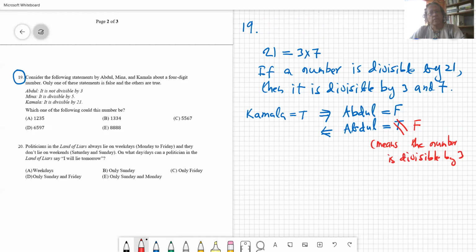So in that case, the number is divisible by 21. That means Kamala's statement is true if the number is also divisible by 7, right? So then Kamala's statement, we can see that it could be true or false. We can't say, right, true or false.